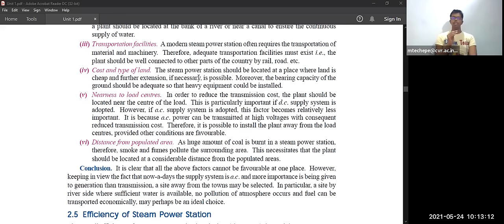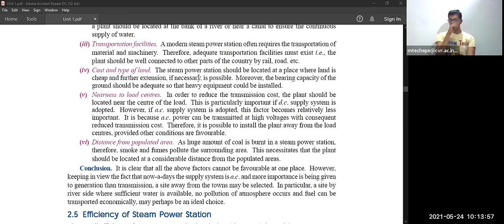If it is near the load centers, then the transmission cost, the cost of transmitting the power, might decrease. Even if we are spending 1 rupee per unit for transportation, if it is near the load centers, you are going to spend 25 paise per unit, so your cost is reducing up to 3 times or more.